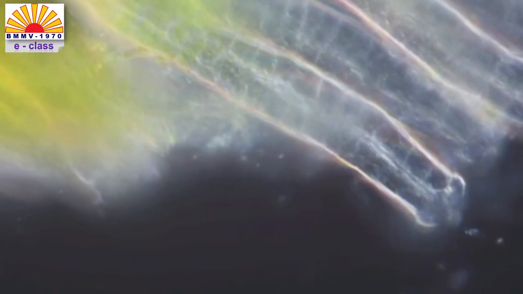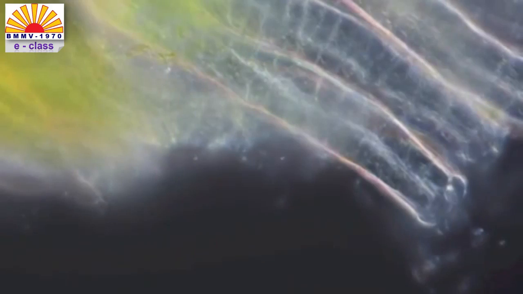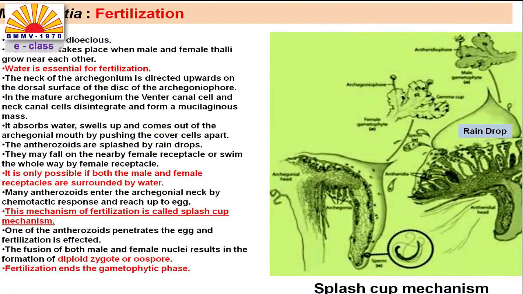In all cases, the fertilization is only possible if both the receptacles are surrounded by water. Many antherozoids enter the archegonial neck by chemotactic response and reach the egg. That is, there are chemical substances present in the mucilaginous mass that will attract the antherozoids towards the egg.